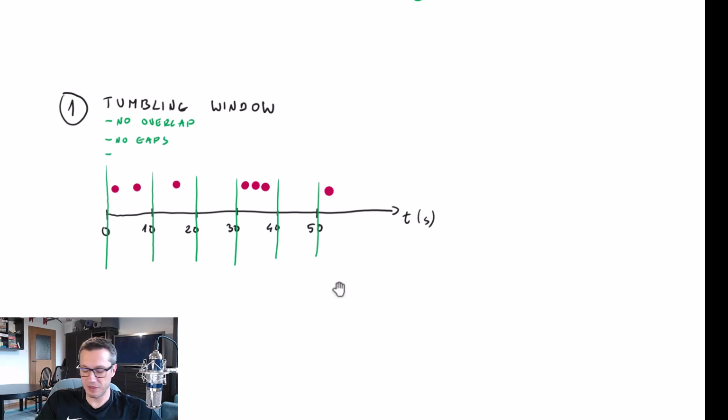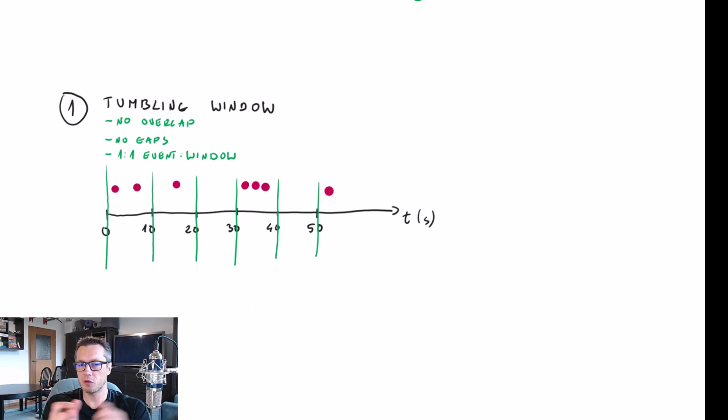As a result, there is a one-to-one relation between an event and the window. Simply put, a specific event, like this one, will be processed only in a single window. In this case, in this one.